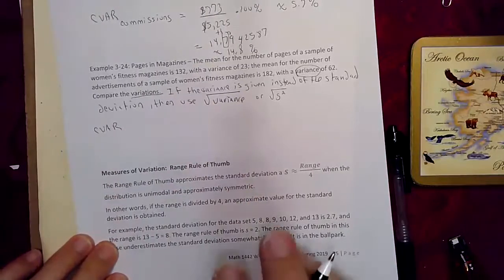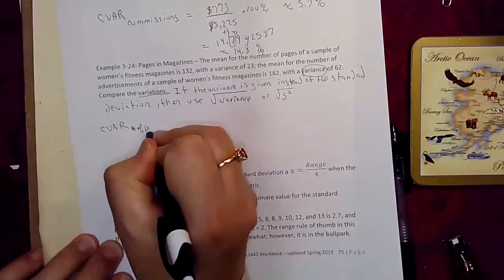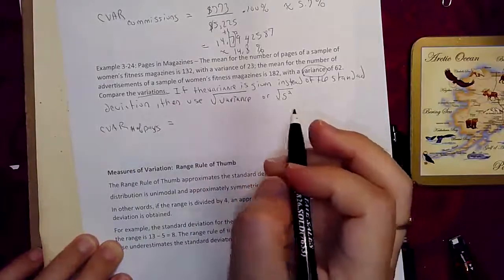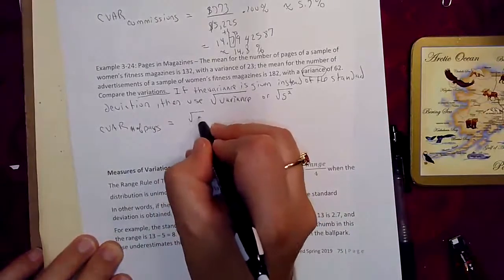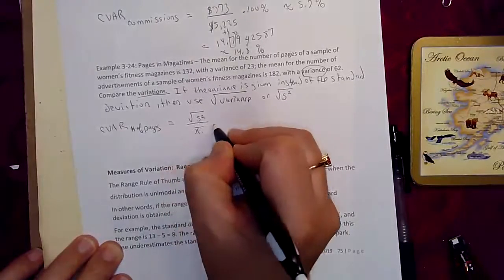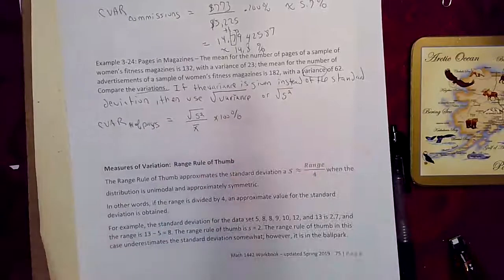And I'm going to put here number of pages. And then on the formula, I'm going to do square root of S squared divided by mean times 100%. And that's representing our standard deviation.